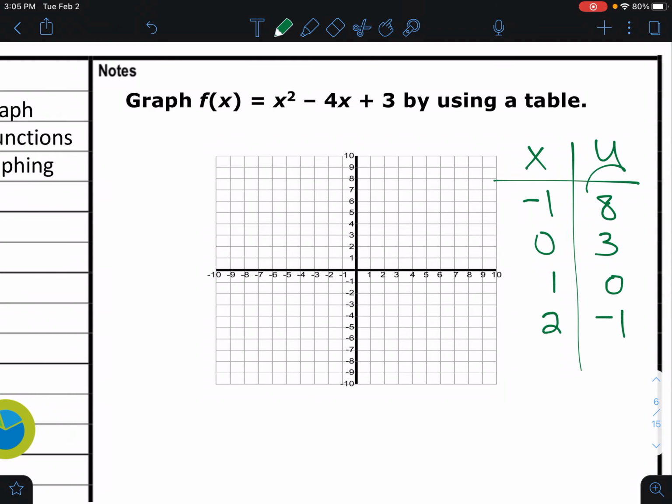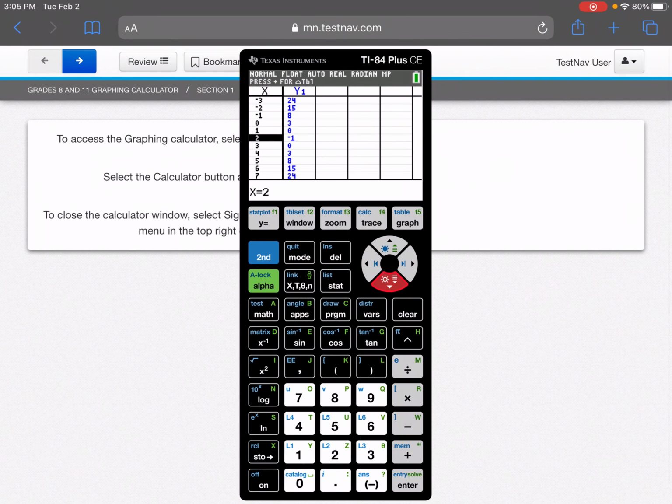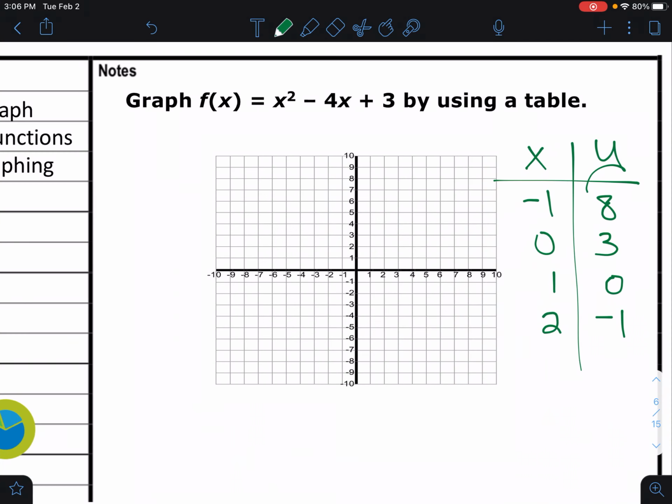Again, I'm writing down all the ones that will fit on my graph. Looks like 3, 0, 4, 3, and 5, 8.